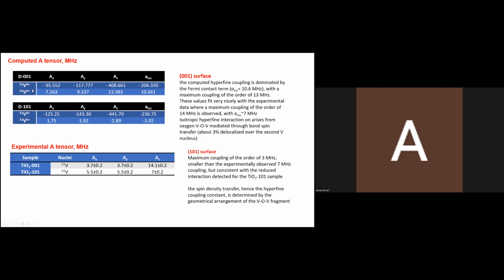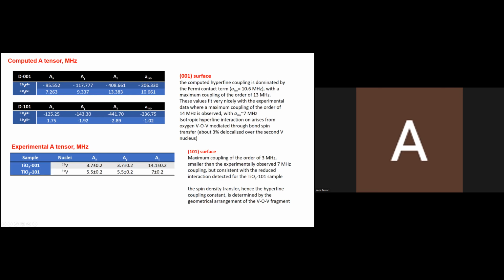That means that there is a spin transfer from the bonds mediated by the oxygen linking the two vanadium, which has permitted a bond spin transfer, and this value indicates that almost 3% of the spin is localized over the second vanadium nuclei.